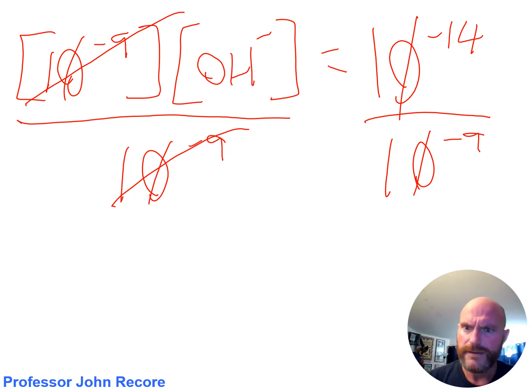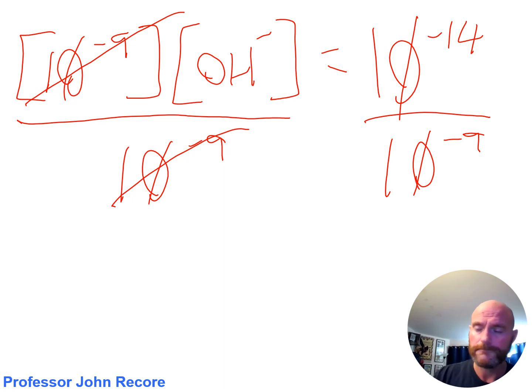Now, it helps if we know how to treat exponents that are being divided by one another. In the case where we're dividing 10 to the negative 14th power by 10 to the negative 9th power, we're going to subtract the exponents. And now remember, when we subtract a negative, we add the positive.